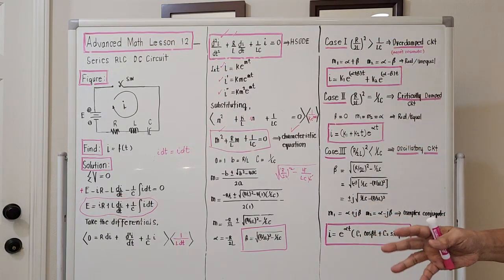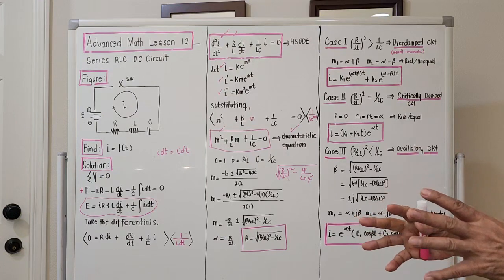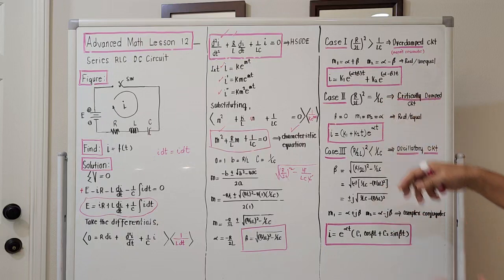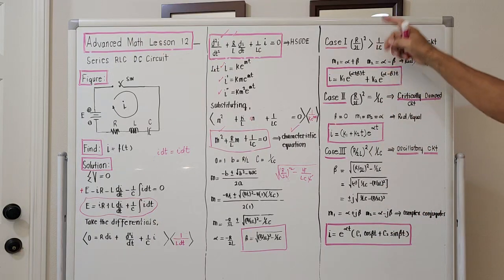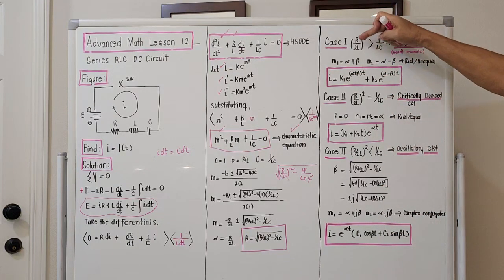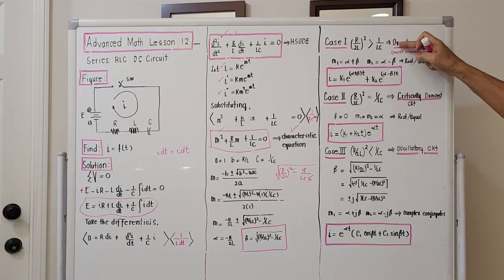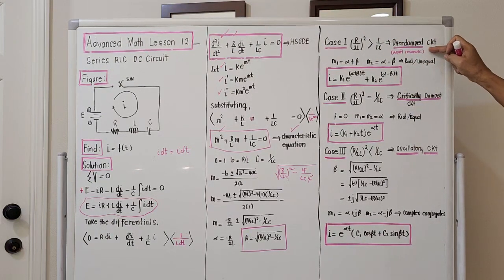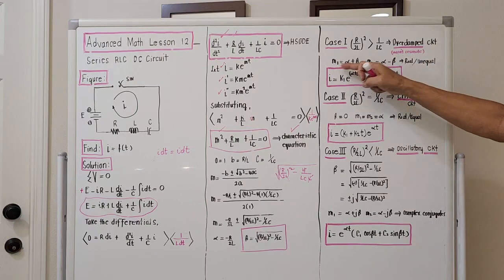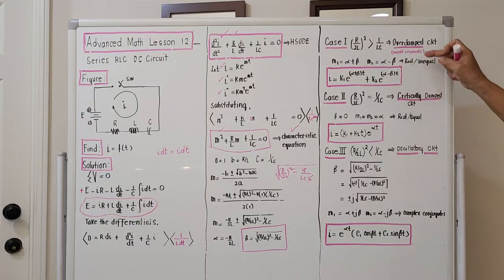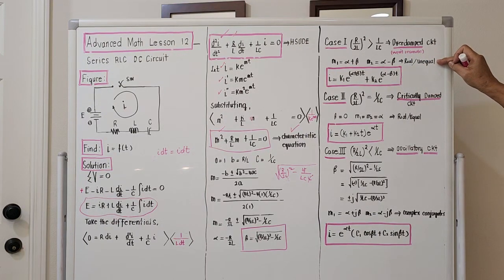Overdamped meaning it will not oscillate. Maybe the graph is something like this. So I place it here under case number 1. If R over 2L quantity squared is greater than 1 over LC, the circuit is overdamped. It will not resonate. Where m1 will be alpha plus beta, m2 will be alpha minus beta. They are real and unequal.